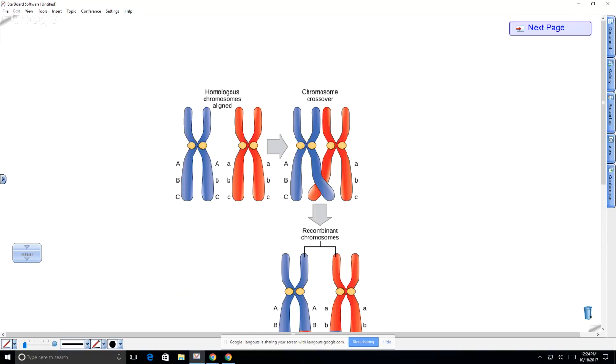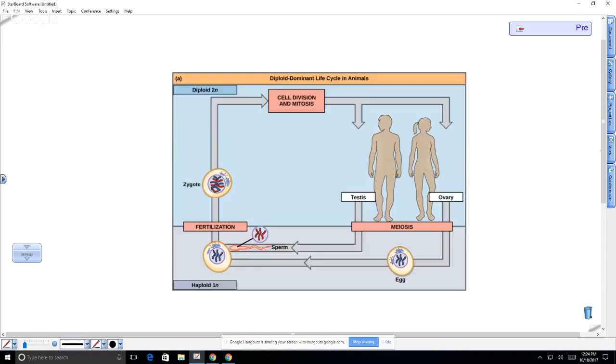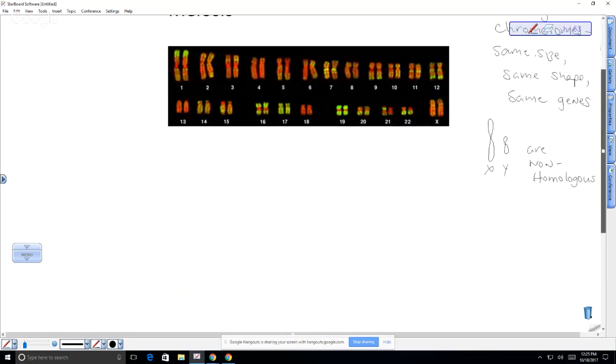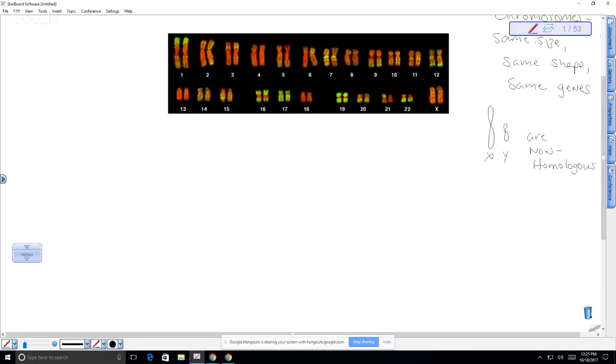Okay, so when we look at meiosis, let's go back to my meiosis. The things you need to know about meiosis is that there are 2 consecutive cell divisions. And in lab, we call these meiosis 1 and meiosis 2.